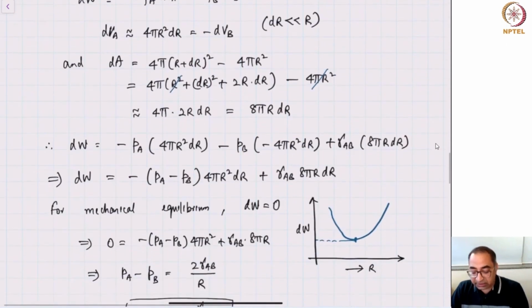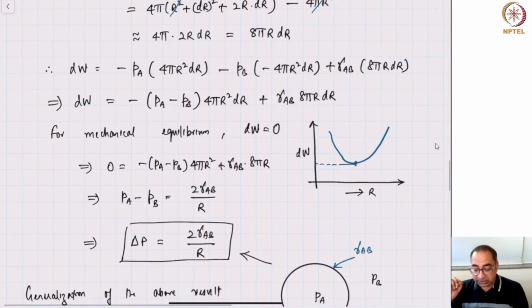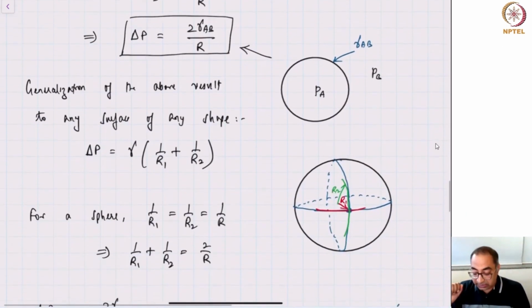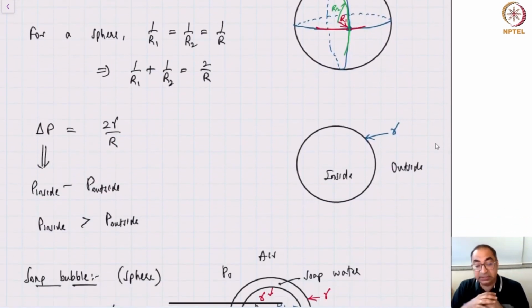If we claim that the system is in equilibrium, which means that the droplet or the bubble does not change its radius anymore, then at equilibrium the difference between the pressure inside and the pressure outside is related to surface tension and the radius. If I call the pressure inside P inside and the pressure outside P outside, then we also notice that the pressure inside is higher than the pressure outside.